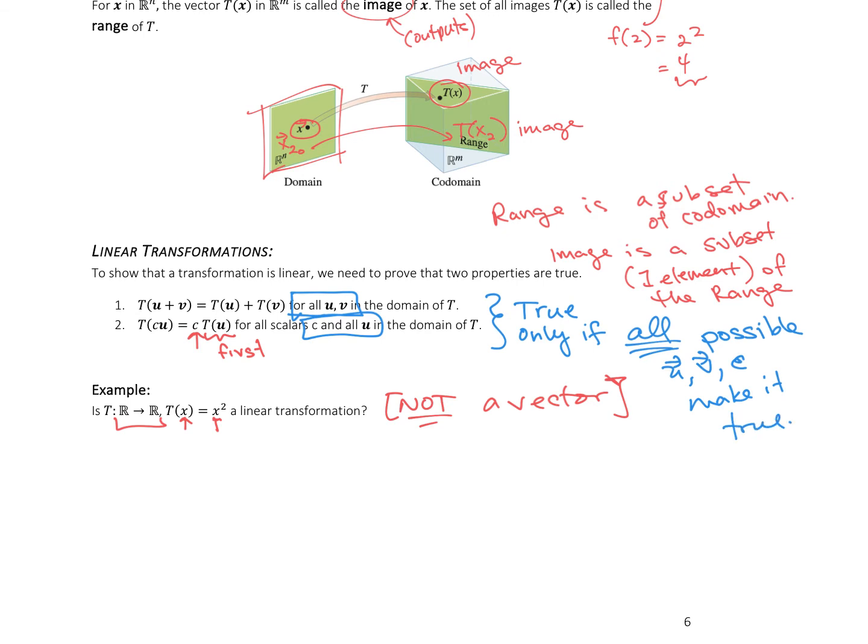If we just started picking u's and v's and c's and substituting them in, we'd be here all day, because I'd have to pick every single possible vector, and that's impossible. There's an infinite number of them in the real numbers.